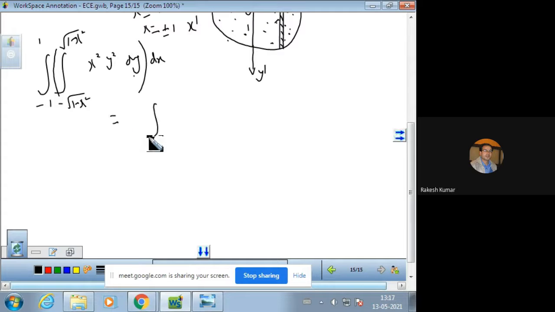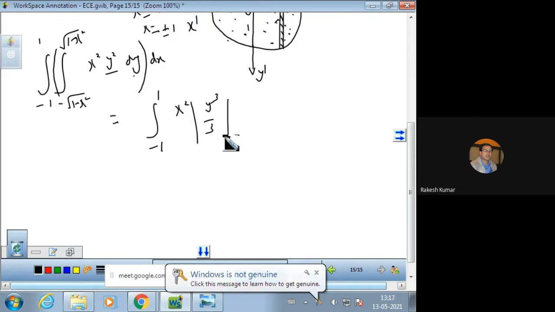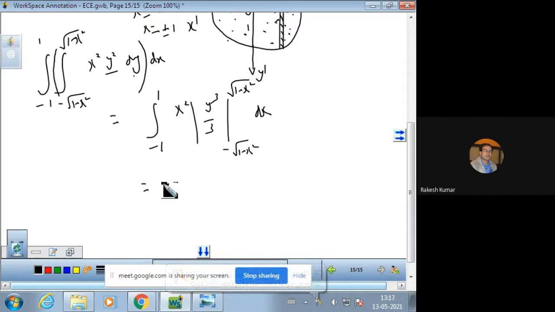So it means you have to integrate with respect to y first, and the integration of y square will be y cube over 3. When you integrate with respect to y, you keep x constant, and your limits are minus root of 1 minus x square to root of 1 minus x square. Now 1 by 3 can be taken common.